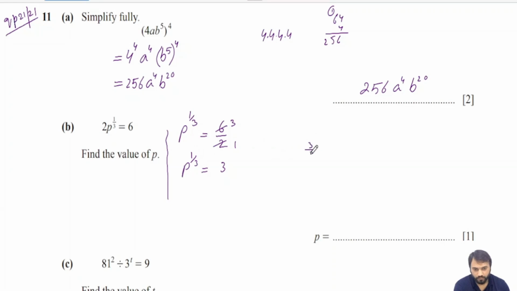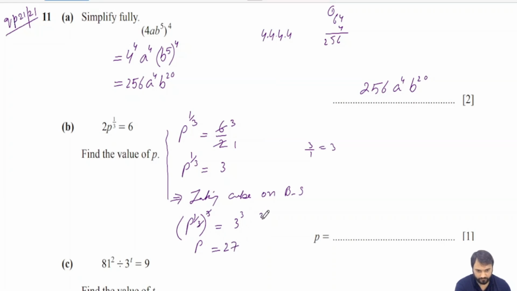It will be 3 over 1, that is equal to 3. Taking power 3, or you can simply write cube, on both sides. It will be p raised to power 1 over 3 whole power 3 is equal to 3 raised to power 3. 3 will cancel the 3. So 3 raised to power 3 is equal to 27. 3 into 3 into 3. 3 times 3 is 9 and 9 times 3 is 27. So our answer to this question is 27.